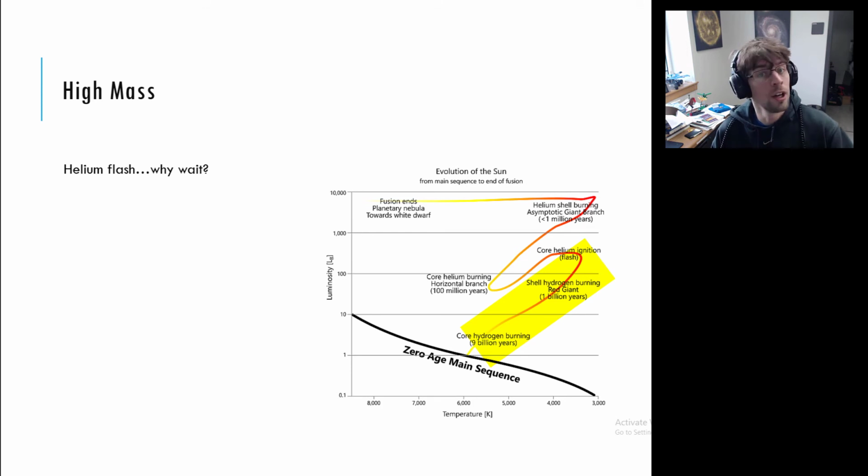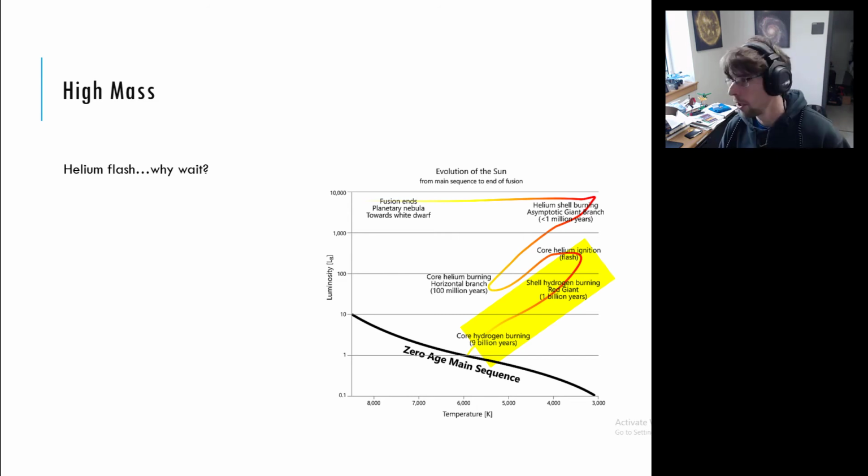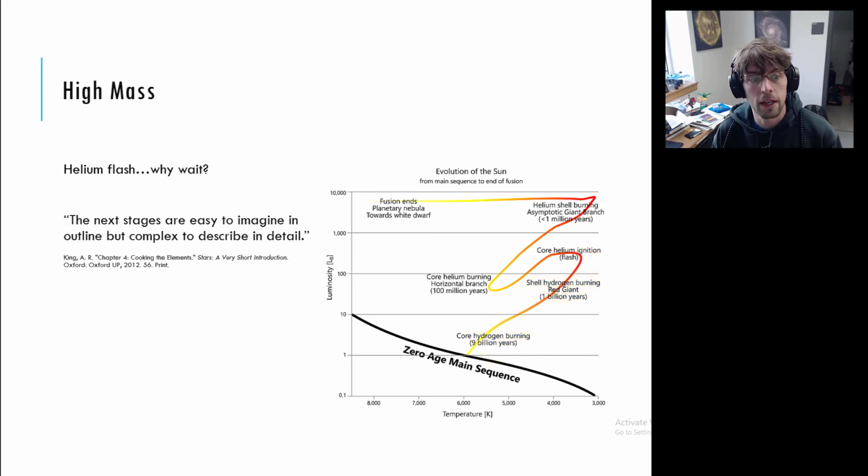High mass stars don't have to wait. When the fusion turns off in the core, the shell fusion will pick up. But the high mass stars are massive enough that they can compress the helium already in the core to get the fusion process to start right away. So I say, helium flash, why wait? We just collapse and start fusing the stuff that's in the core already. It's massive enough to do that.